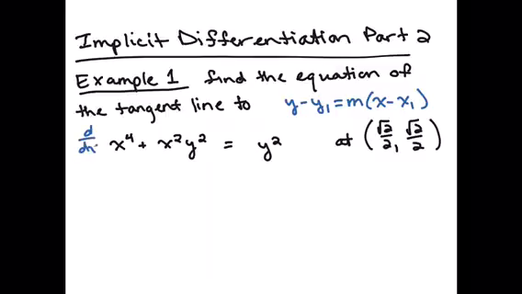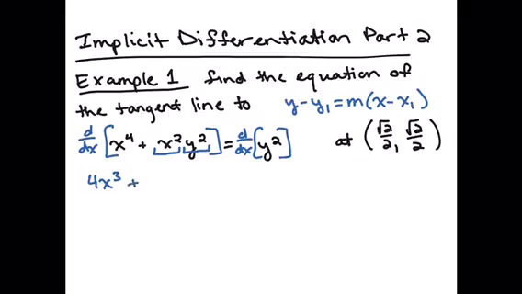So we're going to take the derivative of both sides of our equation, and I get 4x cubed for the first term, and the second term is going to be a product rule where my first function is x squared and my second one is y squared.